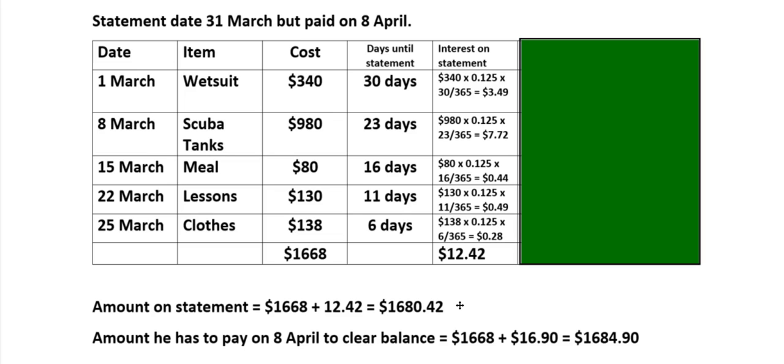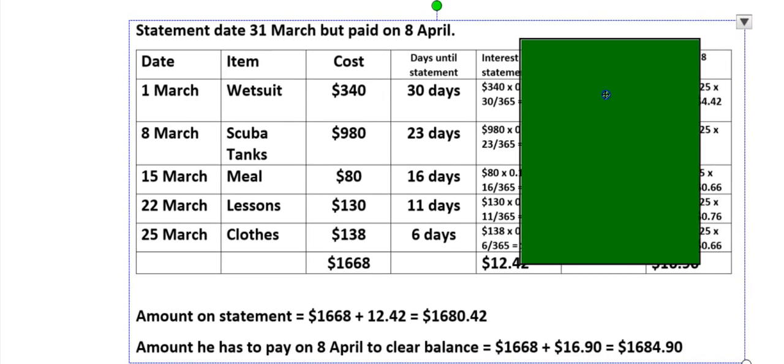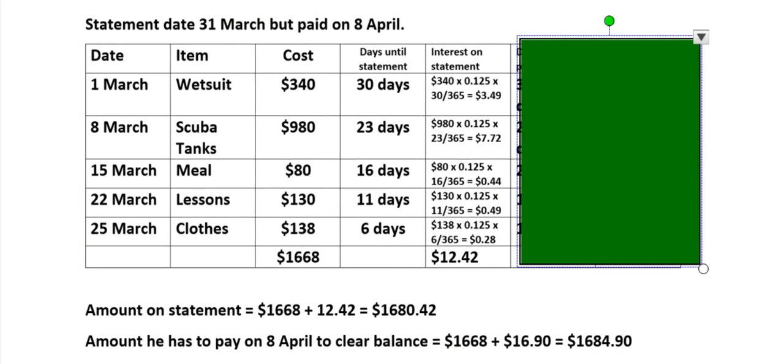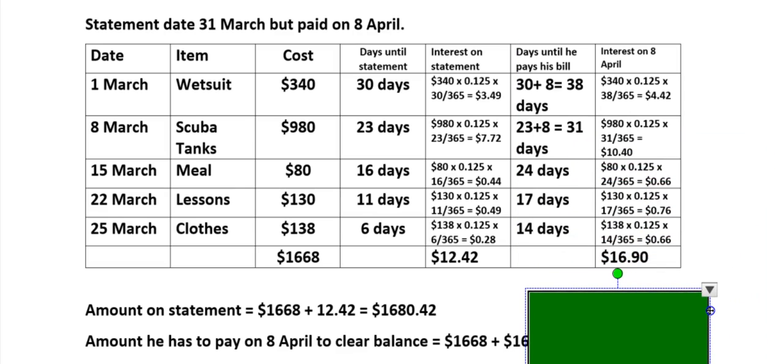Not earning, paying more interest, being charged more interest. So this is why I've got two other columns. This time I've got another column that says how many days it is until he pays his bill. So I've just cheated a little bit.